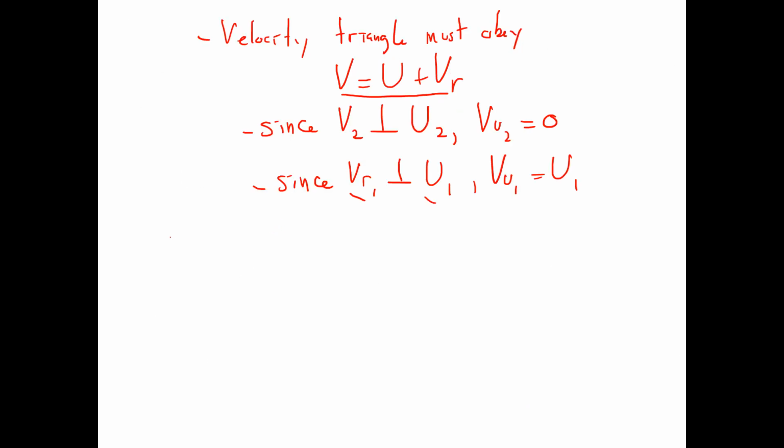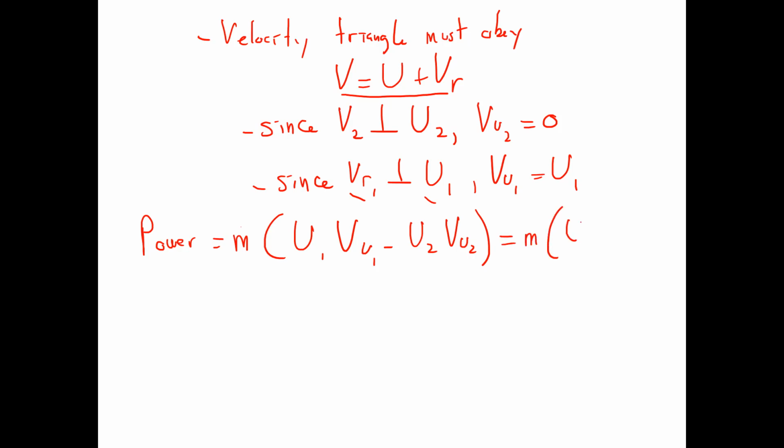Knowing these velocities now, we can go ahead and move forward with, for example, computing the power. So if I pull my equation from a prior slide, I can simplify this equation knowing that VU1 is equal to U1, so I get U1 multiplied by itself, minus U2, and I know that VU2 is 0.